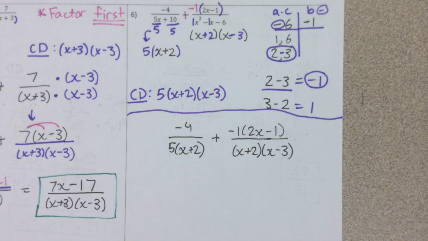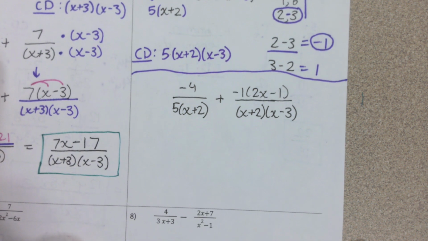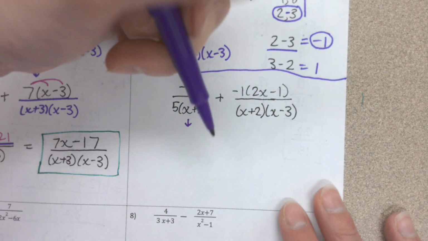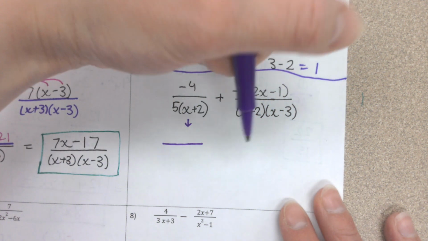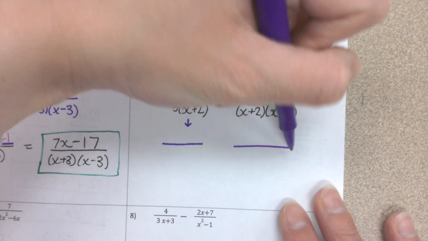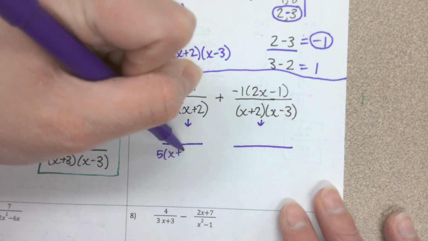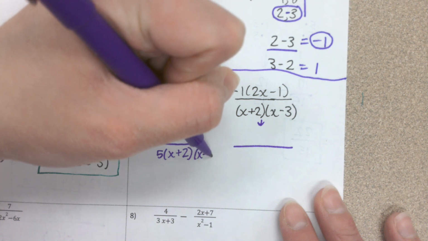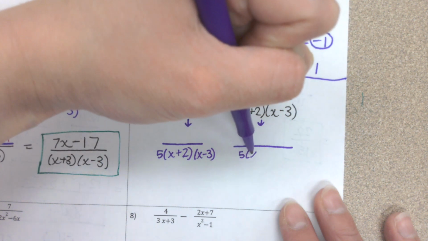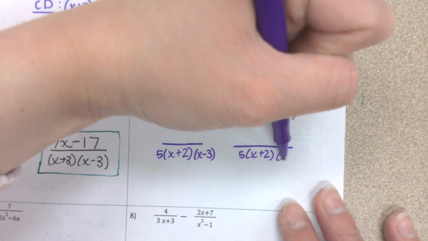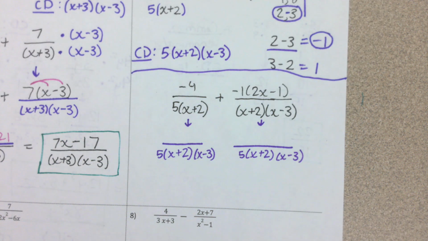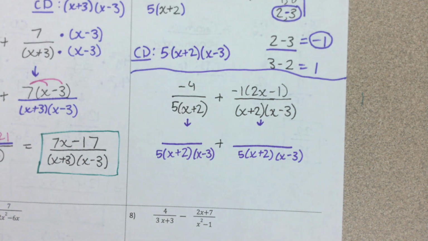So if it's there in the denominator, it has to be part of the common denominator. Let's set up the new fractions with the correct denominator. Five times x plus 2 times x minus 3 on both fractions, plus in the middle.